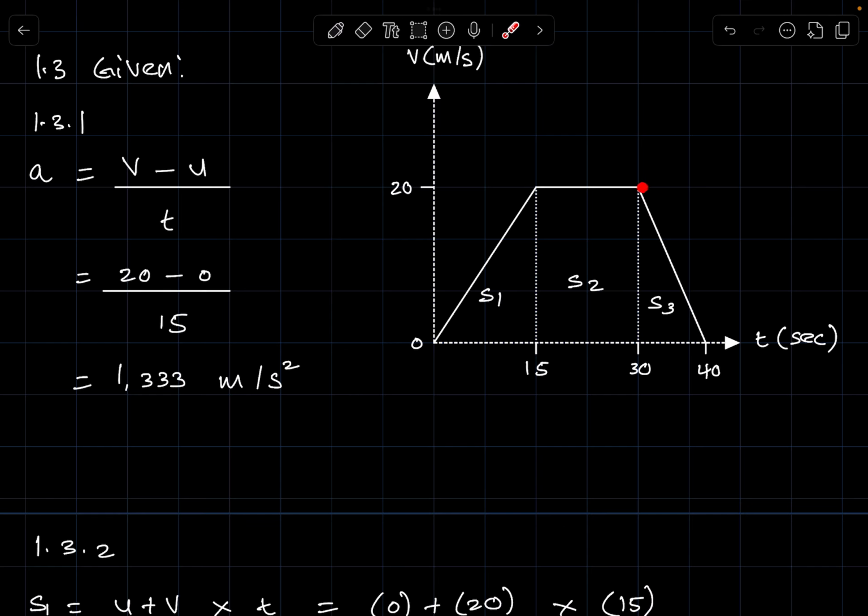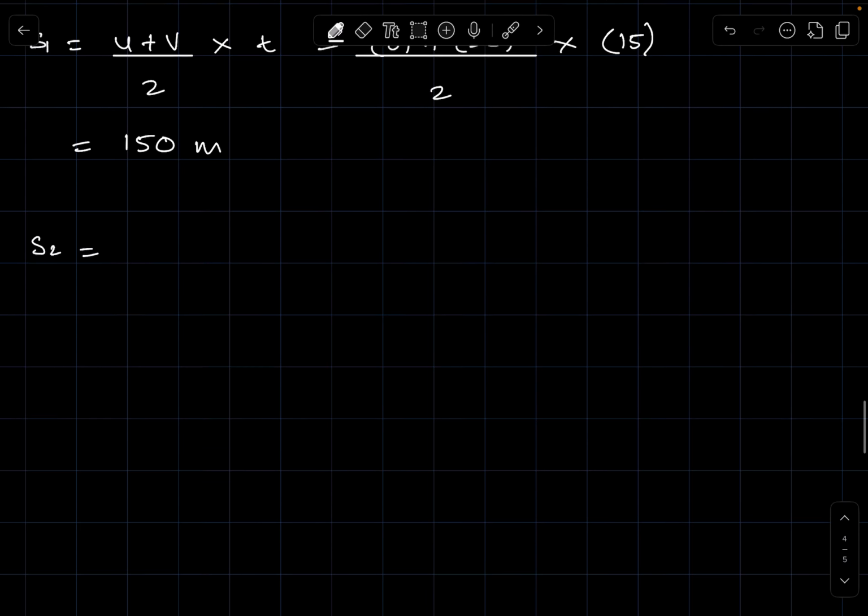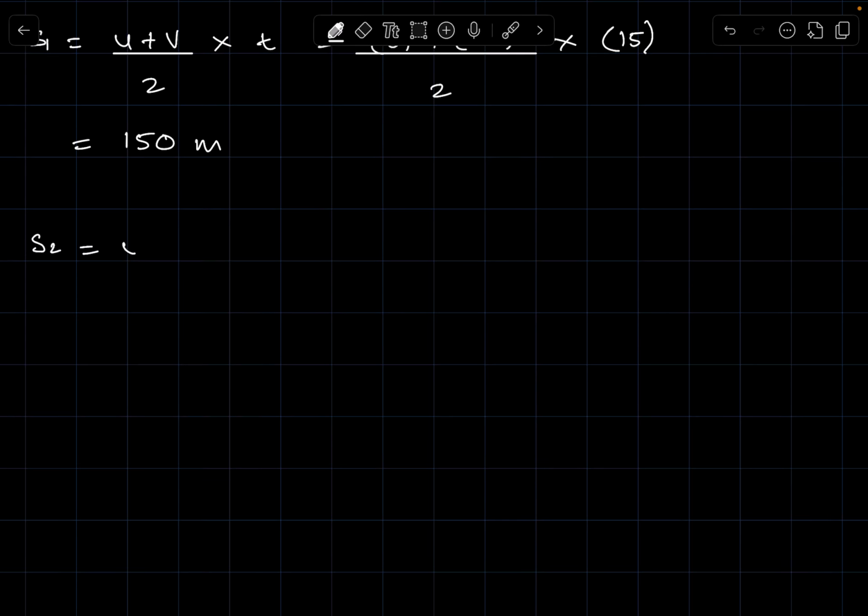The second section begins here and ends there, so this will be the initial velocity and this will be the final velocity. Again we use initial plus final divided by 2. That's the average velocity in section 2, times the time.